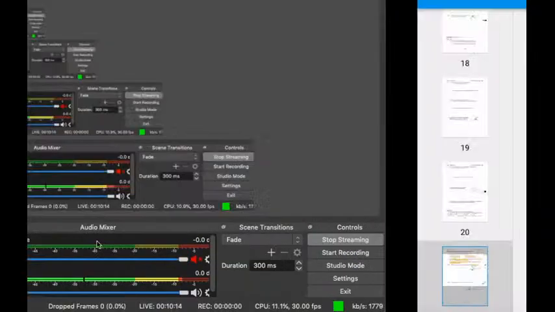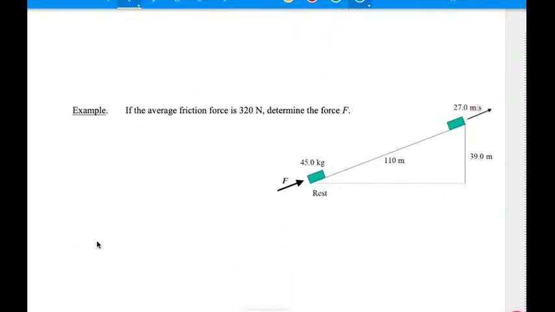Our second example, we're working again with friction, but this time they're giving us the force of friction, or its average force of friction, and we want to determine this second applied force. So we know that we have two external forces now.